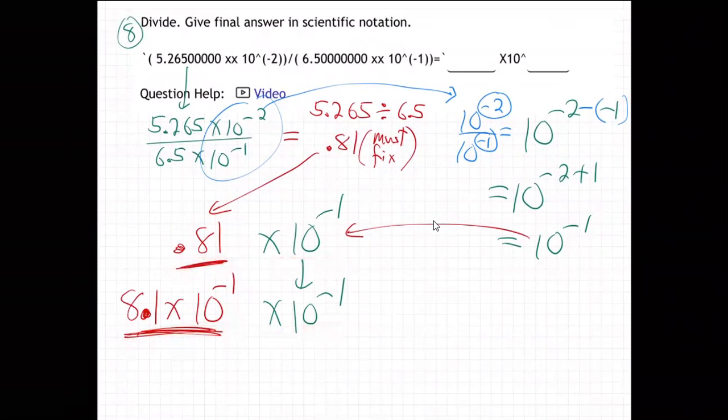And now putting this all together, this is going to be 8.1 times, and then what do these powers do on these two different 10s here? What am I going to do with those powers?